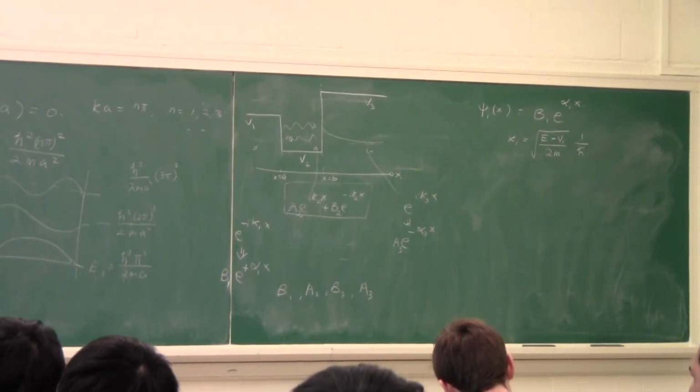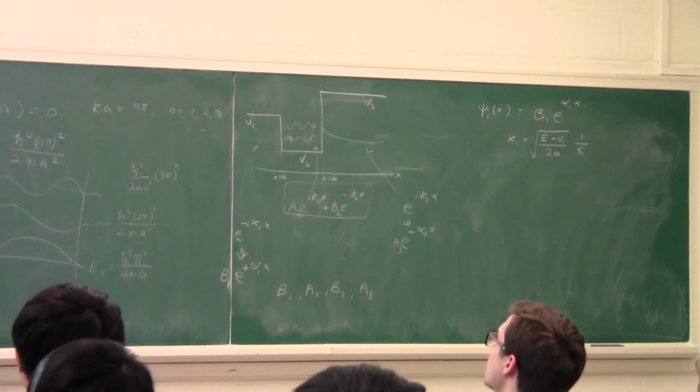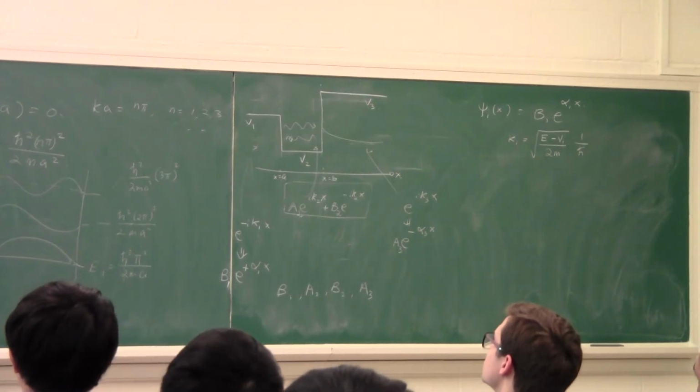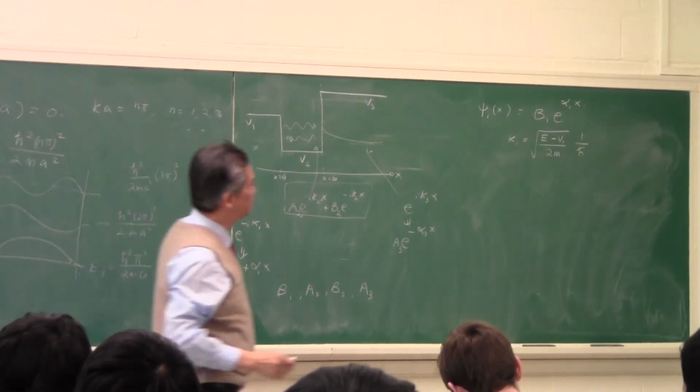Let me see, did I get it wrong? h squared equal to 2m times (E minus V naught) over. Oh yeah, you're correct. Okay. So this should be 2m, right? Yes, this should be 2m. Thank you for pointing that out.